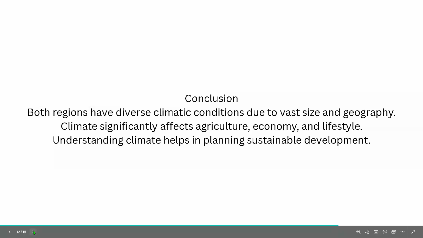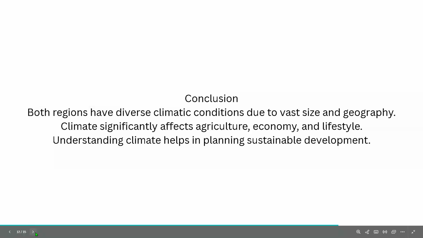That's why we compared it with the African continent. In the African continent, we have seen similarities and dissimilarities also. Agriculture, economy, and lifestyle are also significantly different because of the diverse physical features.